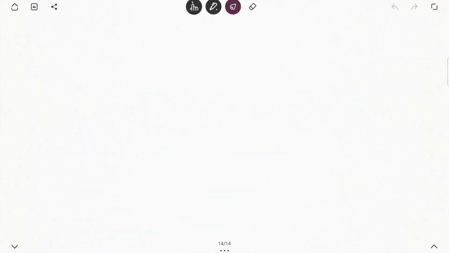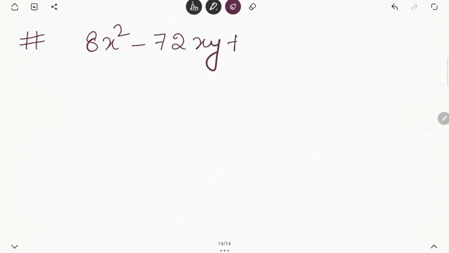Now, by now I feel that you are comfortable in taking out the common factors, okay. So here I'll show you how to manage taking out the common orally. You can also do it orally if you are confident.